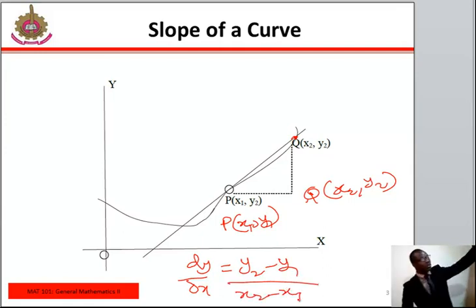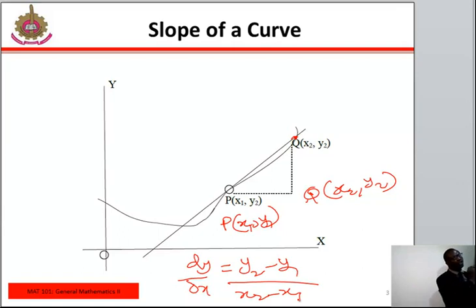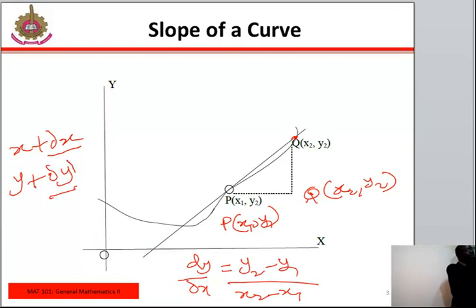Now, all you have to do is draw a tangent, like I said the other time, through the curve. Then locate your x1 and x2. Here you agree with me that in a curve like this, your x increases by a function which is delta x, and your y increases by a function which is delta y.